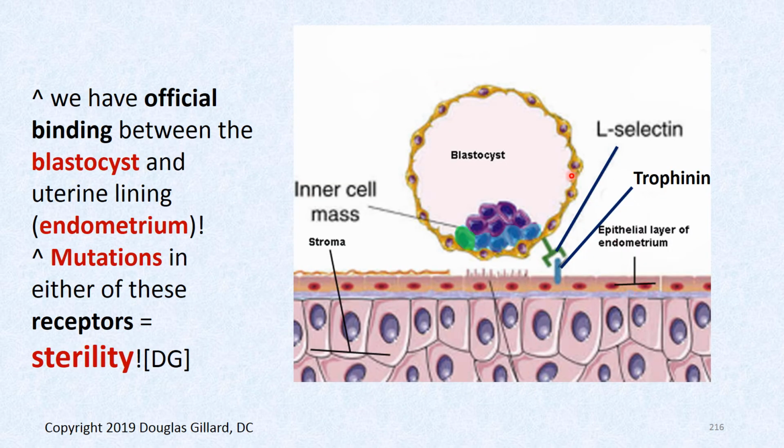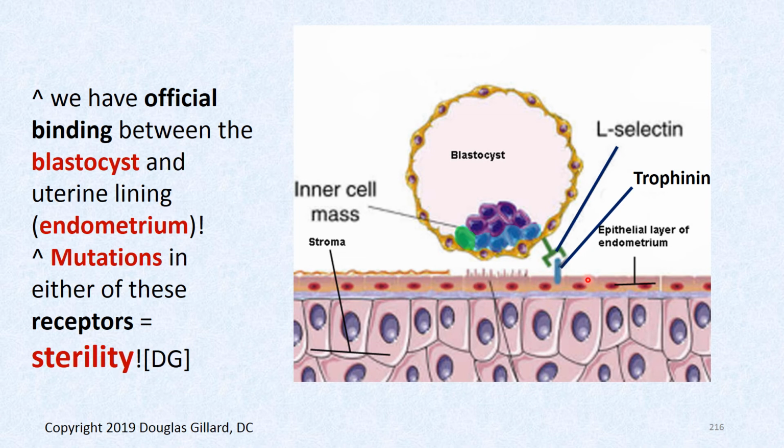Let's look at a cartoon of that. So there's the uterine fluid, there's our blastocyst. The blastocyst cavity is here. This would be our inner cell mass, but it's already segregated into an epiblast and a hypoblast. This time the north pole is down here, but the north pole, the embryonic pole, is always where the inner cell mass is. And here's an L-selectin, and it's hooked up with a trophinin, and we are off to the races.